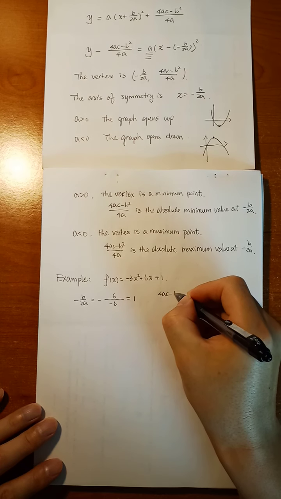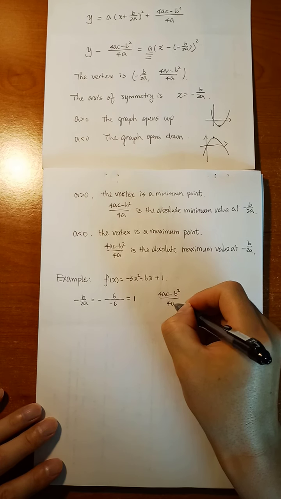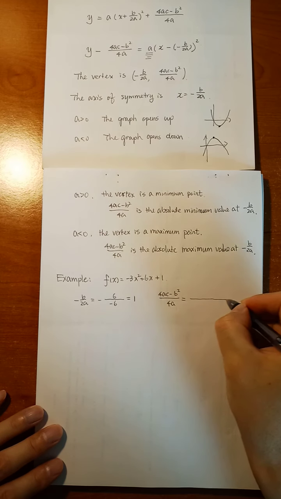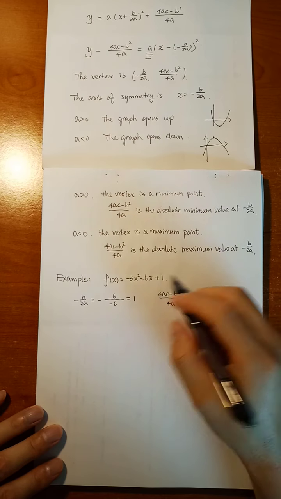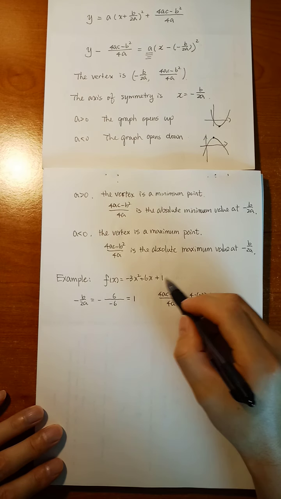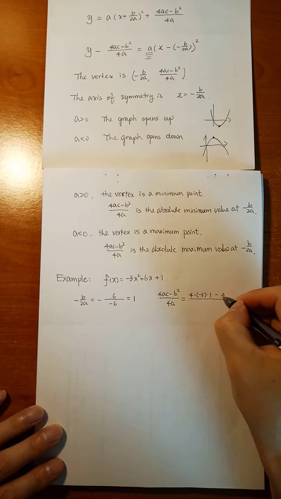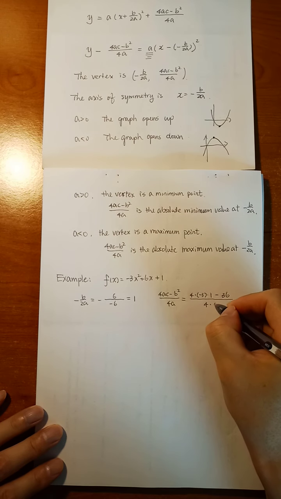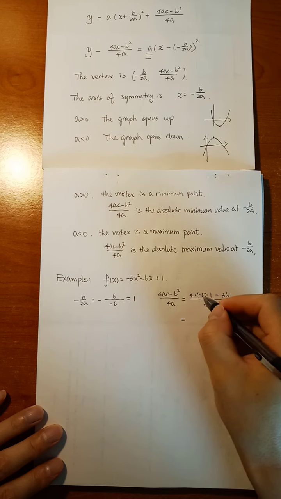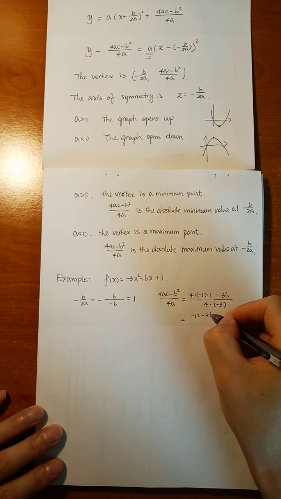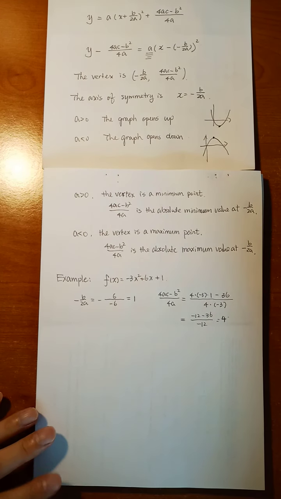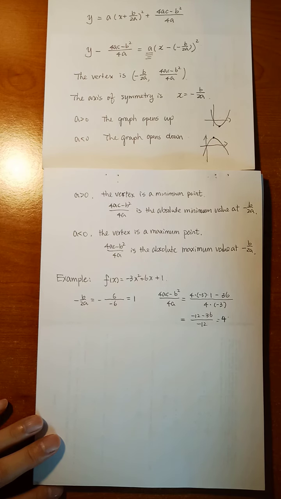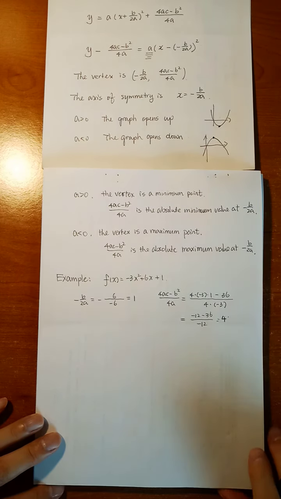Then 4ac minus b squared over 4a. So it's negative 12 minus 36 over negative 12, which is positive 4. Right? Okay.